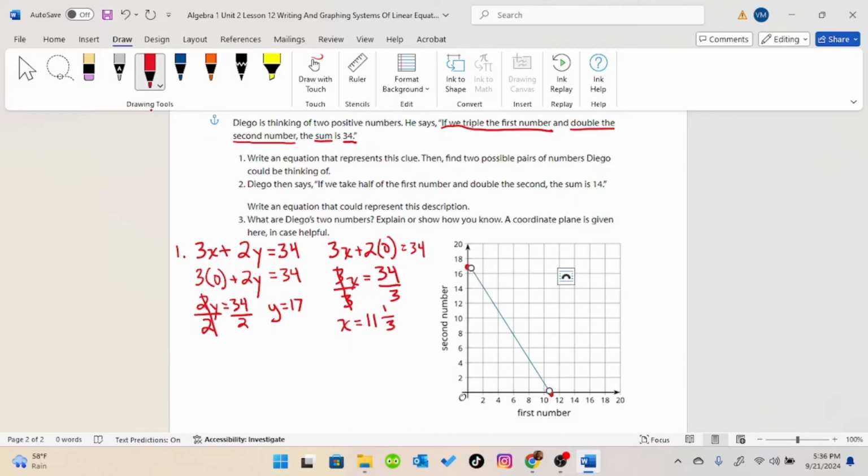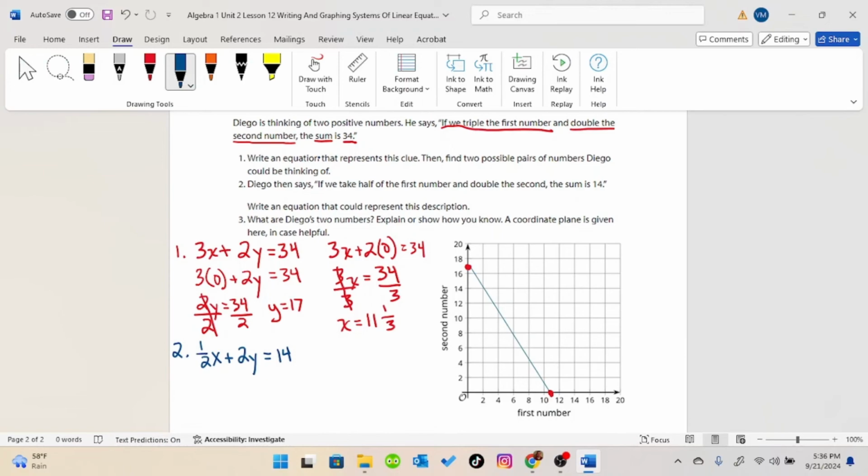Next, Diego then says, if we take half of the first number and double the second, the sum is 14. So 1/2 x plus 2y equals 14.